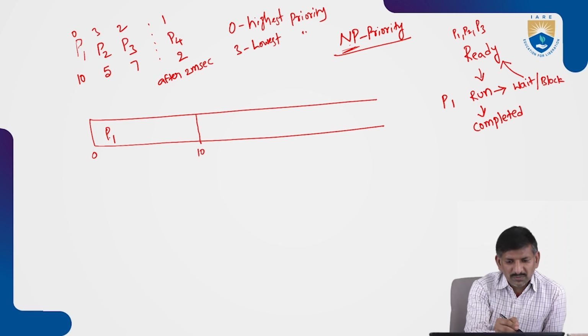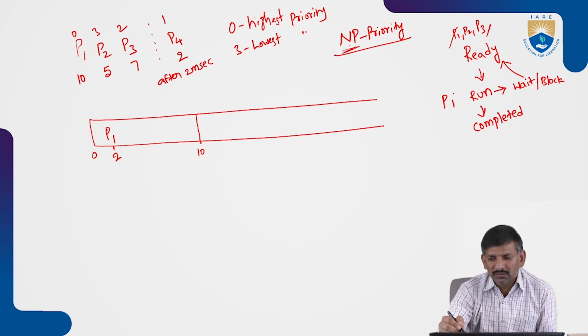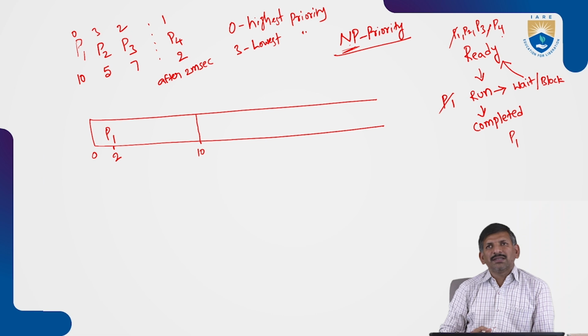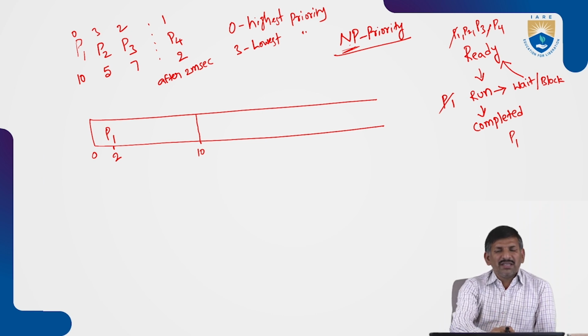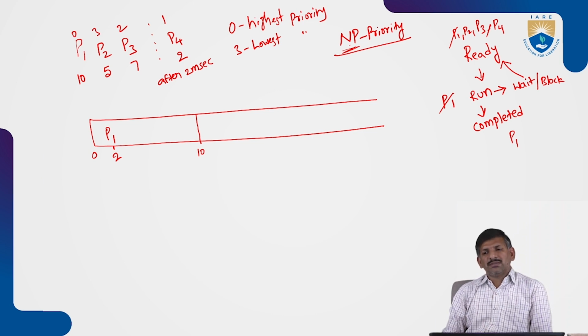So in the meanwhile, at the time of the second millisecond, P4 enters the ready state. At the time of the 10th millisecond, what are the processes available in the ready state? P2, P3, P4.